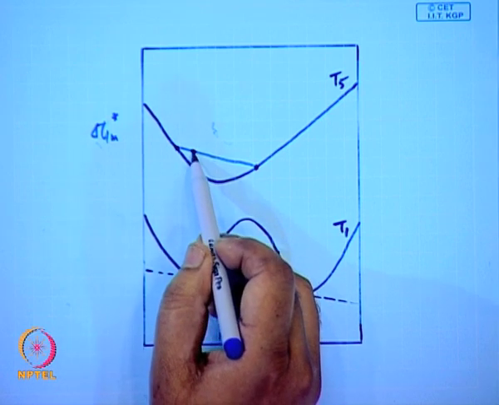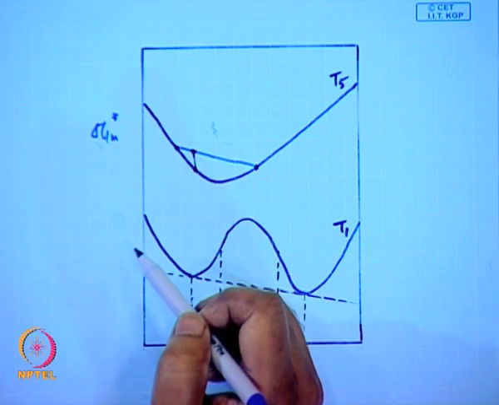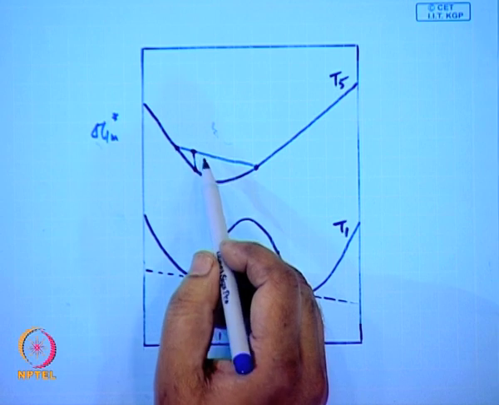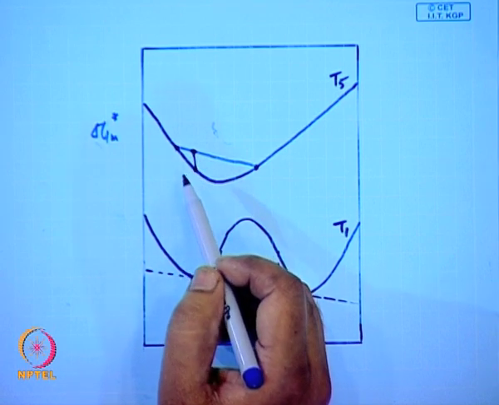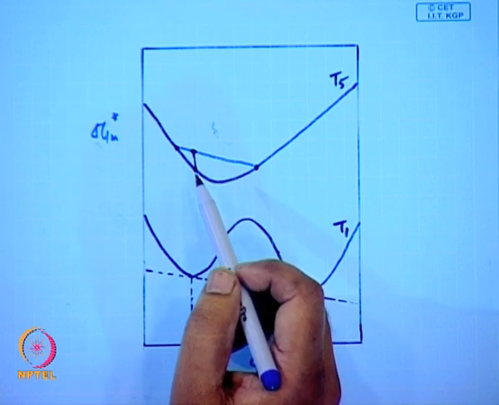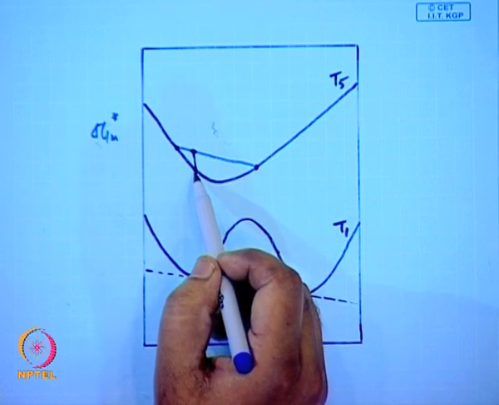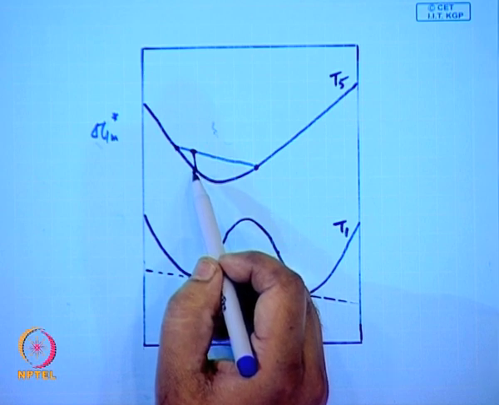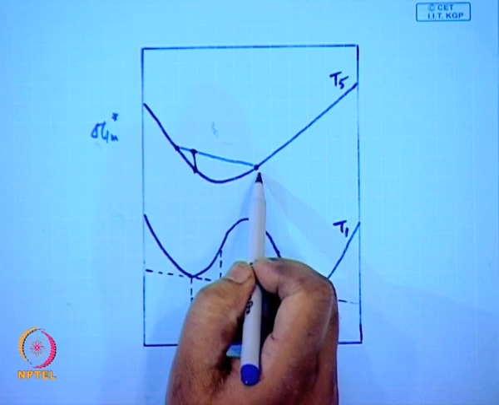The value of this gives you the Gibbs free energy of mixing for the process of separating a composition corresponding to this into two compositions corresponding to this and this.